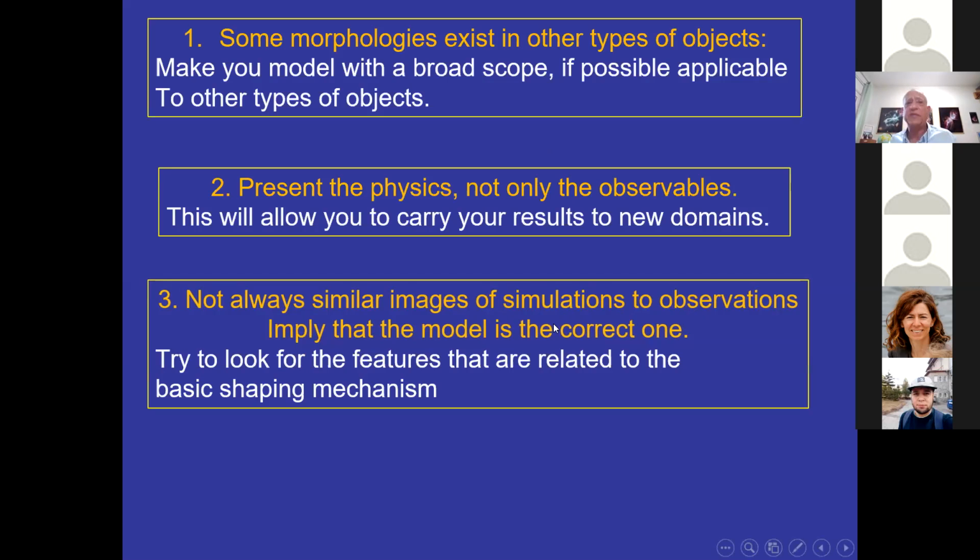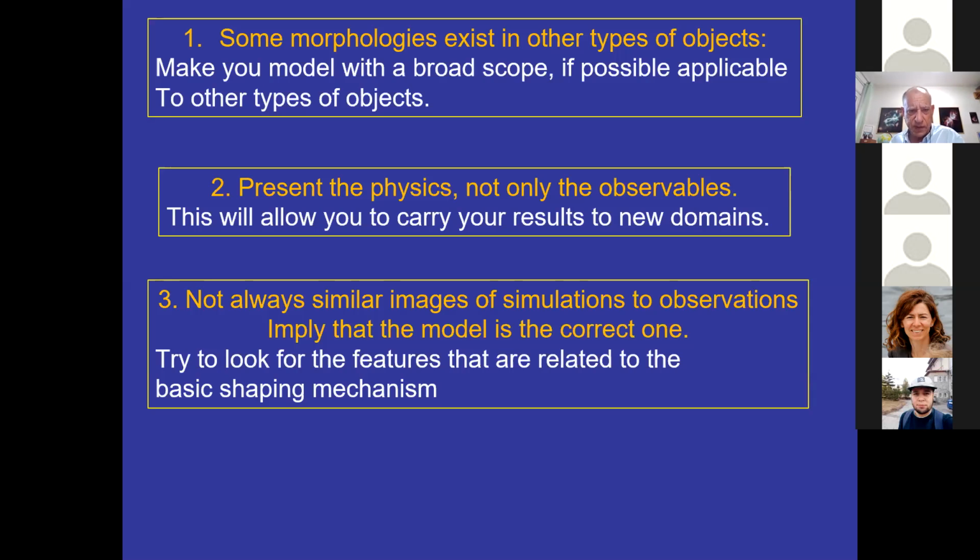So this is my summary of the opening: some morphologies exist in many other types of objects, and if you can make your model with a broad scope, it will help. Present the physics. Many times when we look at the physics, not only comparing to observation, we can see much more. This will, I think, allow you to carry your results to new domains, seeing other processes.